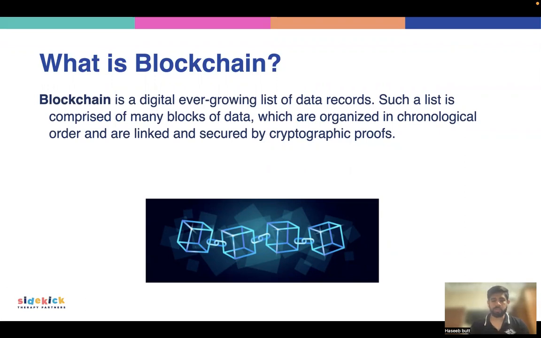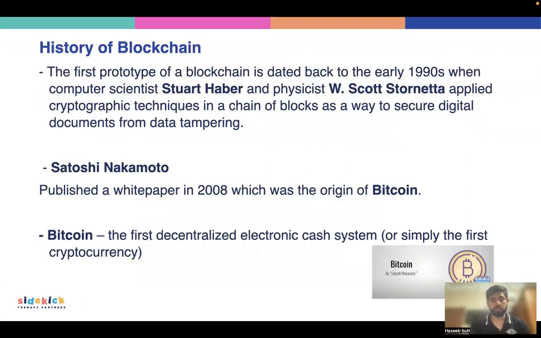So let us move to a little bit about the history of the blockchain before moving forward into the details. The first prototype of blockchain dates back to the 1990s when two computer scientists named Stewart and Scott applied cryptographic techniques in a chain of blocks as a way to secure digital documents from data tampering.